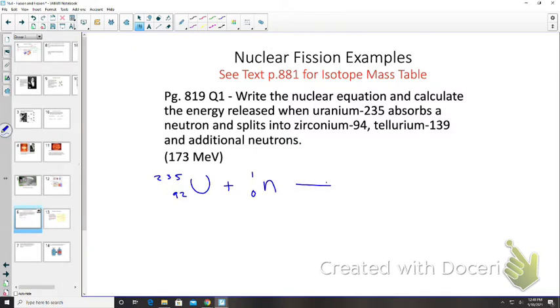And it splits into zirconium-94. It actually took me a while to find zirconium on the periodic table. It has an atomic number of 40. So it splits into zirconium-94 and tellurium-139, and tellurium has an atomic number of 52.